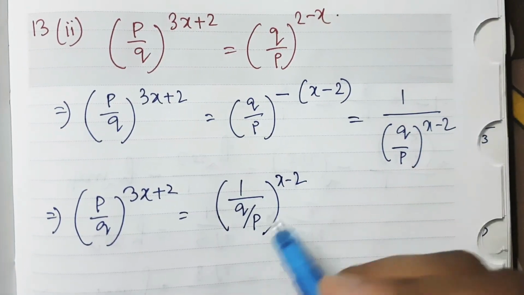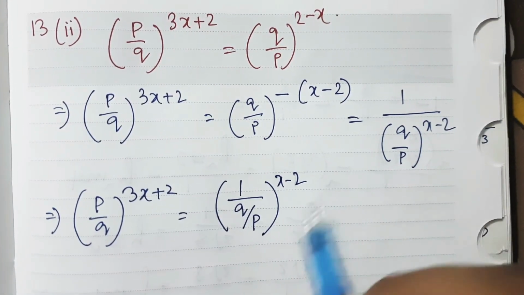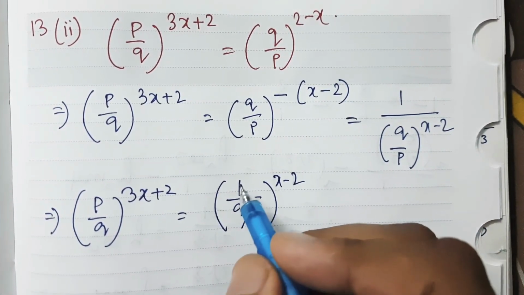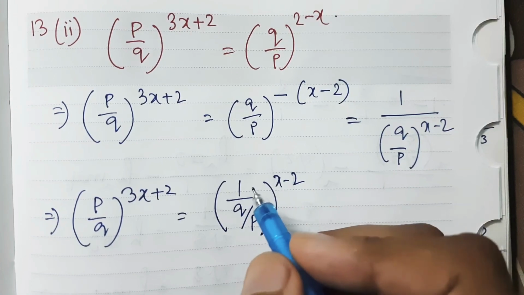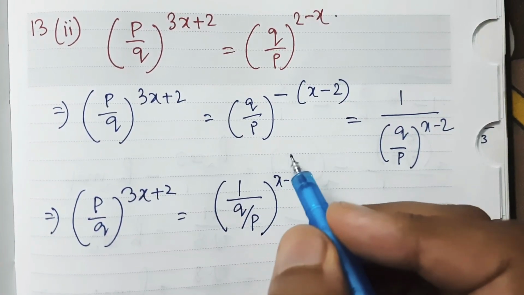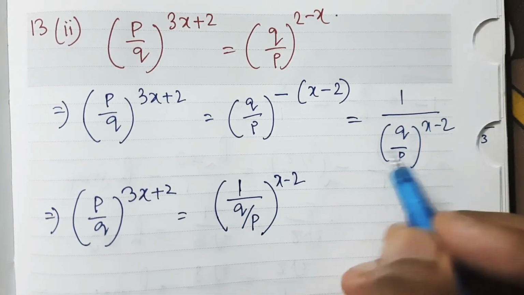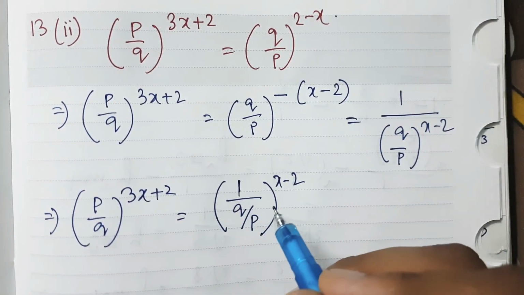Because 1 to the power x minus 2 is just 1, isn't it? 1 to the power anything is always 1. So I can write this by formula 4, isn't it?